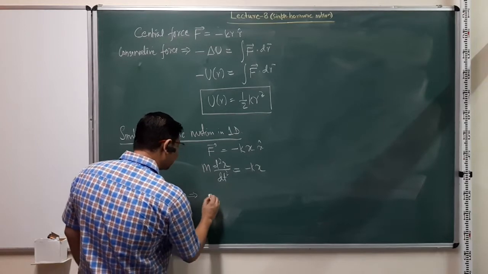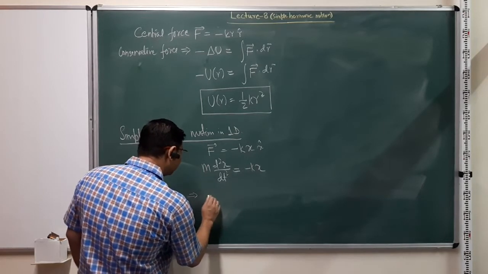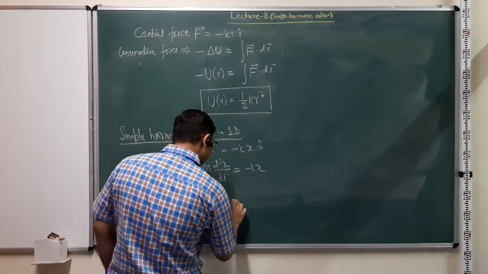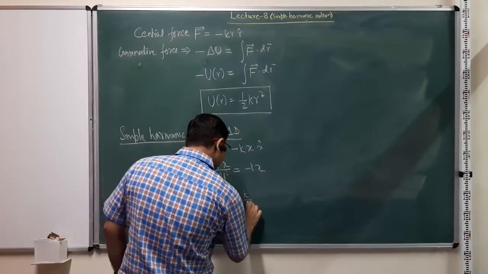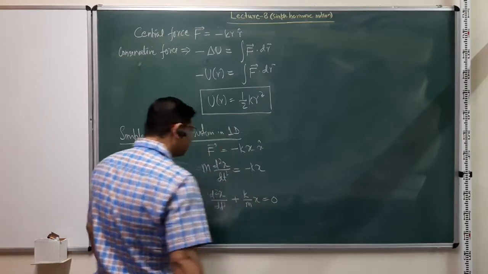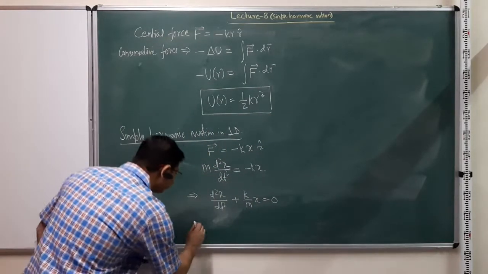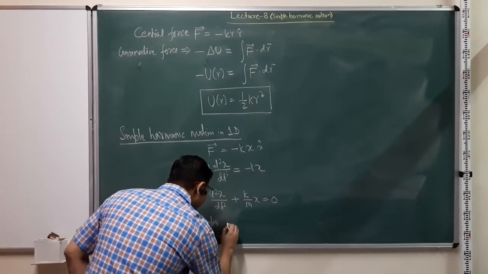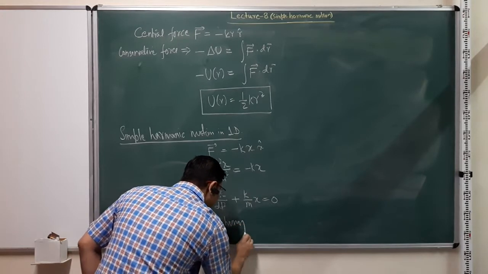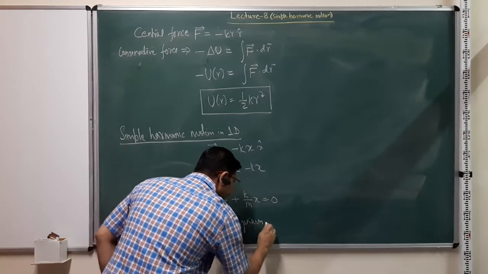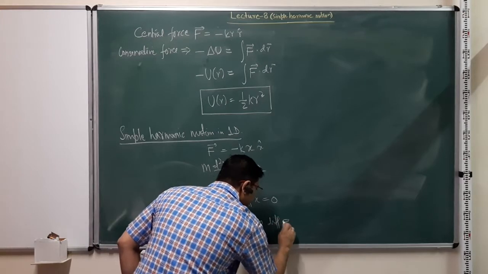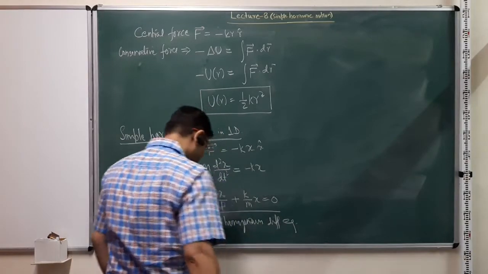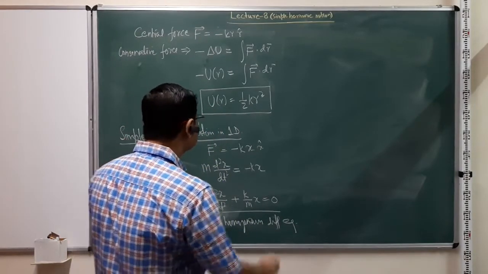This basically is a second order differential equation, homogeneous in nature: d2x over dt square plus k by m x is equal to 0. It's second order, there is a double derivative, a homogeneous differential equation. So this is the equation of motion, and now we can try to get the solution for this.